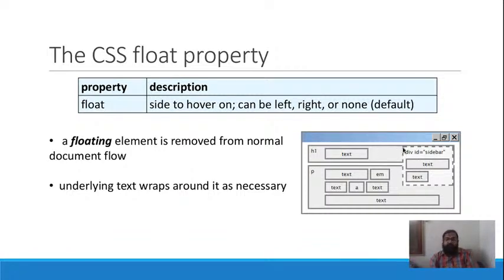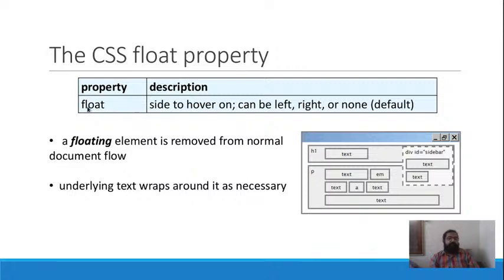You can see that it has a dashed border, and it is overlapping the content boxes H1 and P. It is actually seen to be floating on top of H1 and P. So that is a div with id sidebar which has two other elements, text and another text.